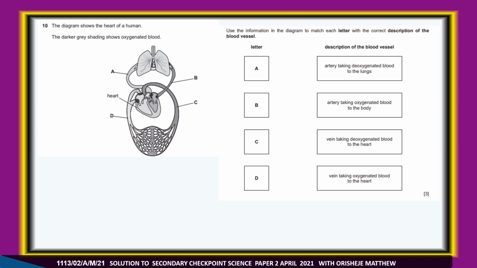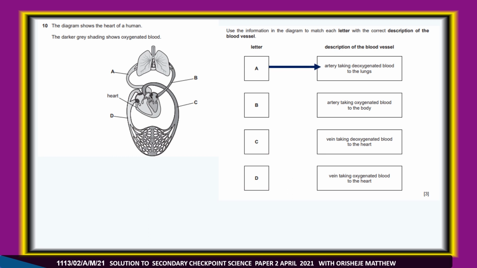Question 10. The diagram shows the heart of a man. The darker gray shading shows oxygenated blood. Use the information to match each letter with the correct description of the blood vessel.